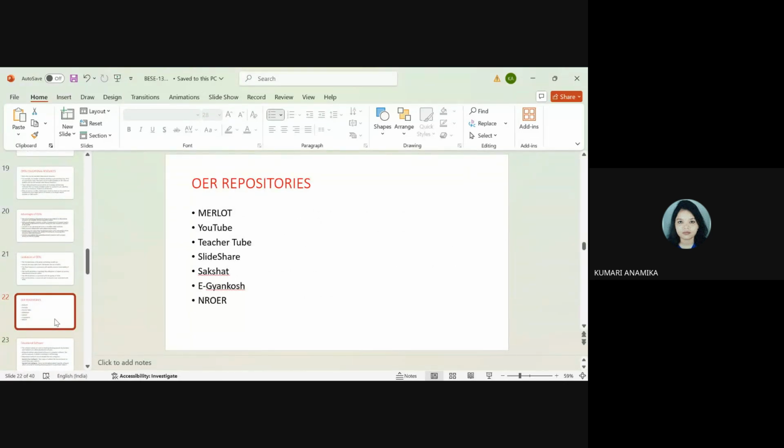See, these are the OER repositories, the list of some of the OER repositories.